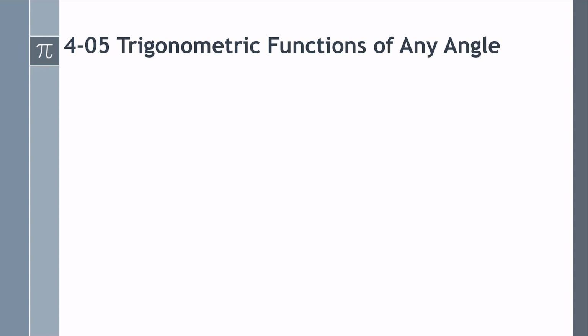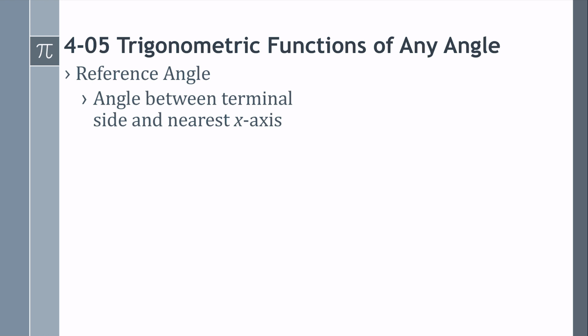A useful idea for finding the trig functions of any angle is using the reference angle, which is an angle between the terminal side and the nearest x-axis, which always gives you some angle between 0 and pi over 2, or between 0 and 90 degrees.